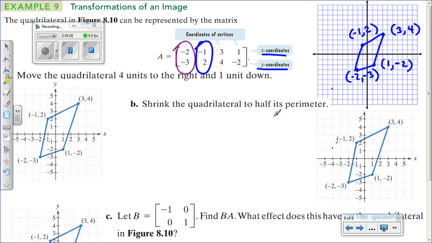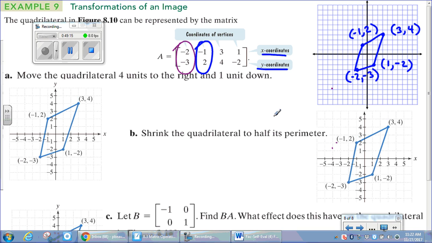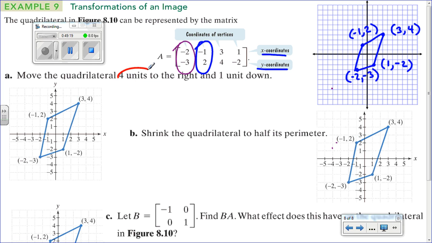Okay, so for part A, we already have the original shape here. We're going to move the quadrilateral 4 units to the right. So we have the matrix here that represents the quadrilateral.